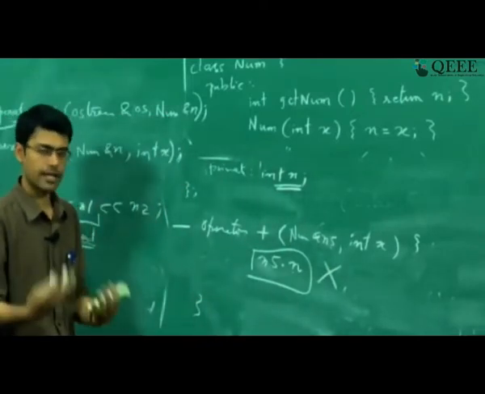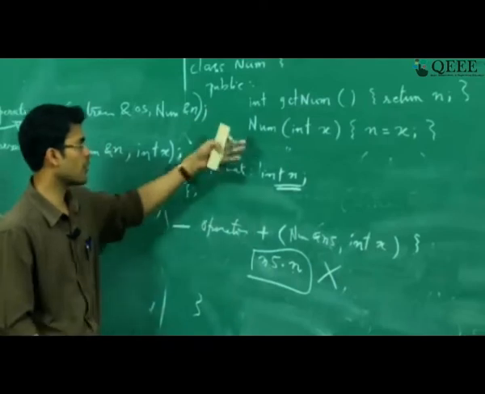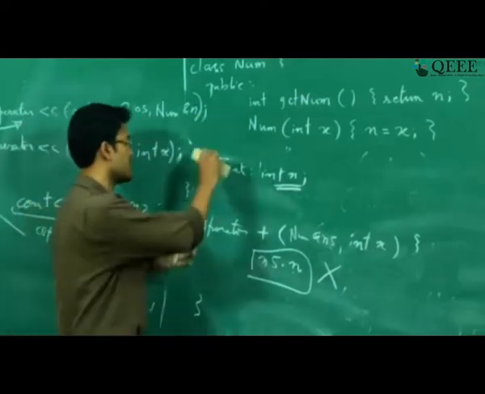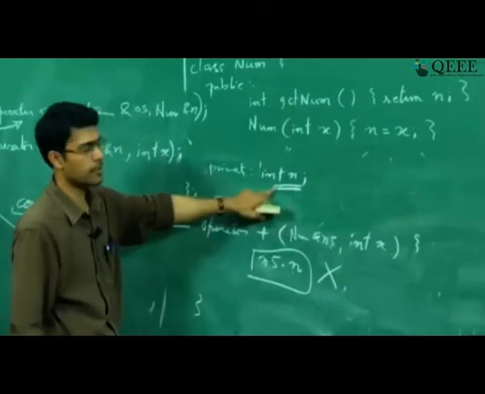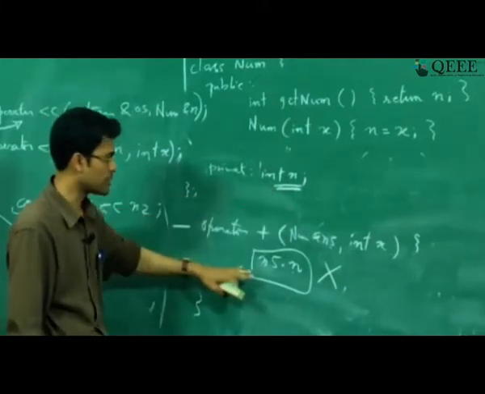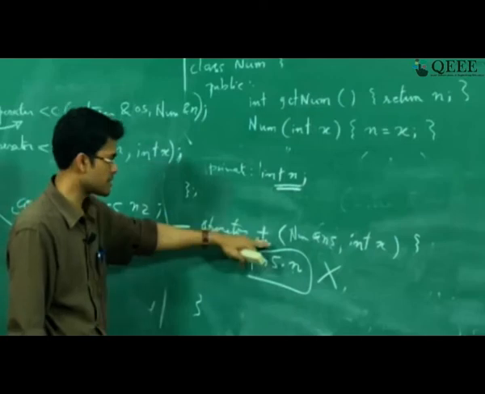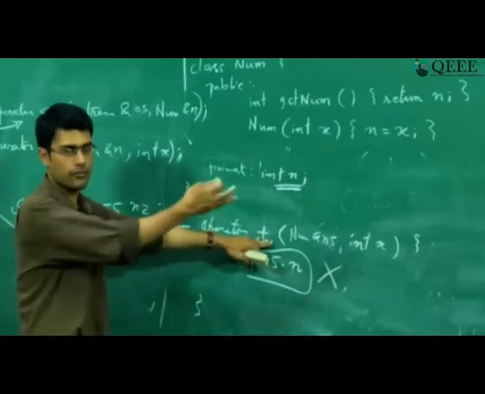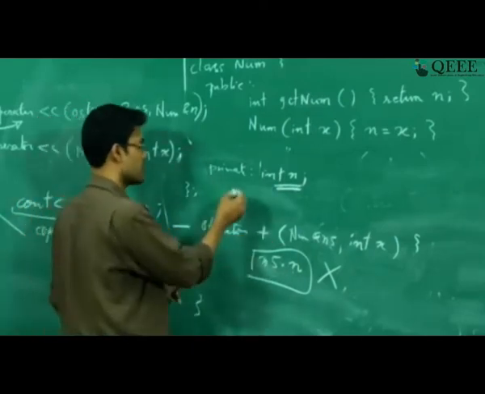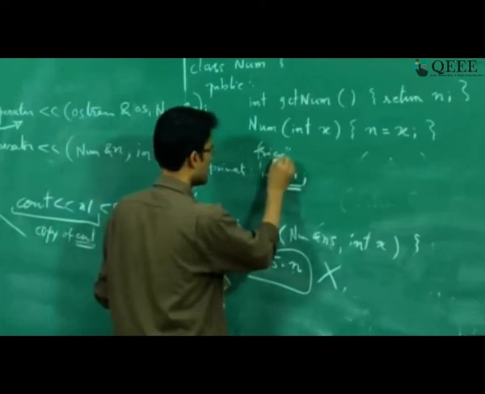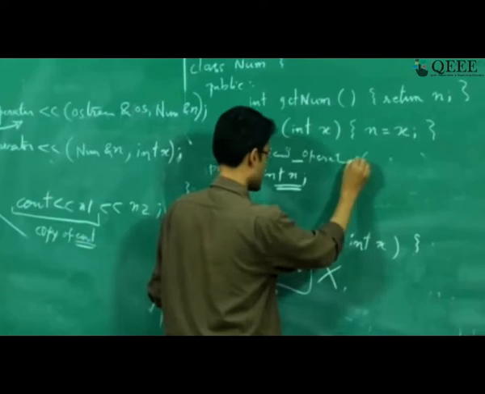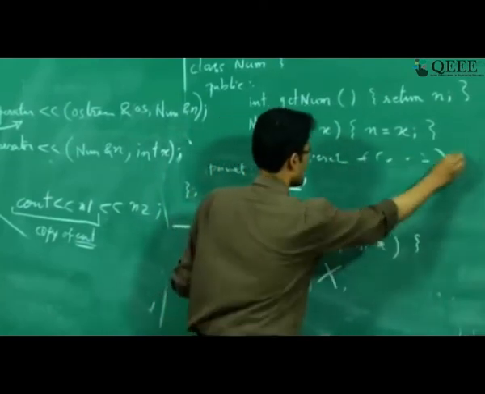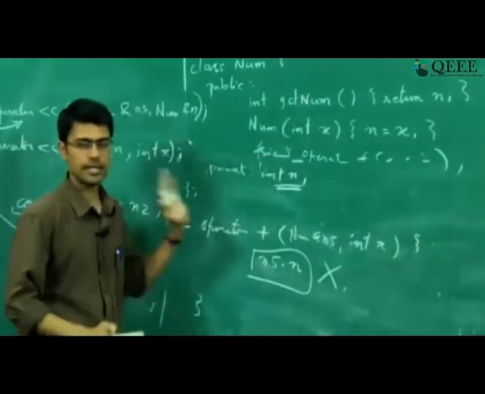Now to address this issue, what you can do is request the designer of this class: boss, I want to access the private variable n from this function. So can you make my function a friend of your class? In such cases, you can say friend, whatever the return type, operator plus and so on, essentially the signature of that function.